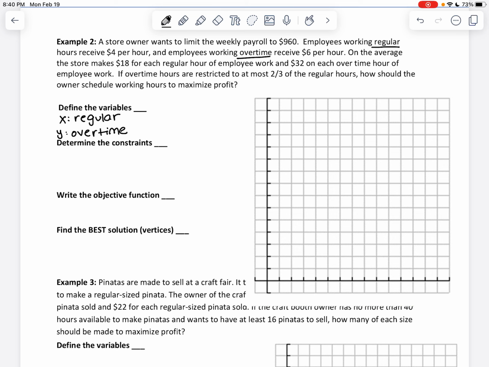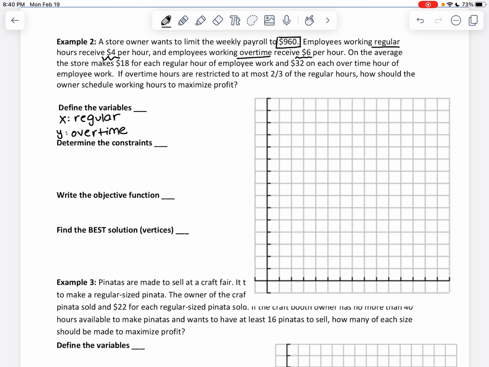So the constraints, these are things that are limiting the store owner. For example, in the first line, it says he wants to limit the weekly payroll to $960. So there's a limit, but we need to relate this to however much we're actually paying each type of hour, which comes in the next sentence, that regular hours receive $4 and overtime hours receive $6. So we're going to put this together in an equation.